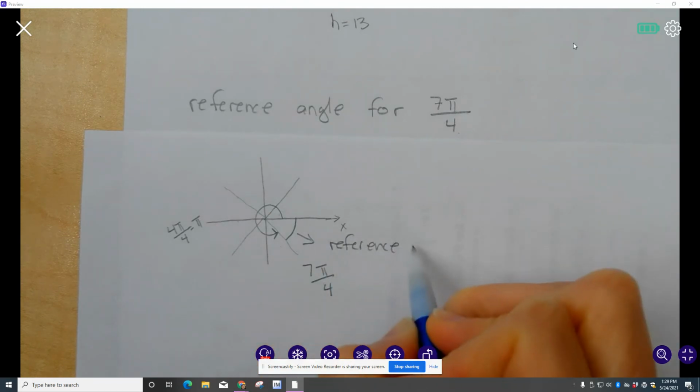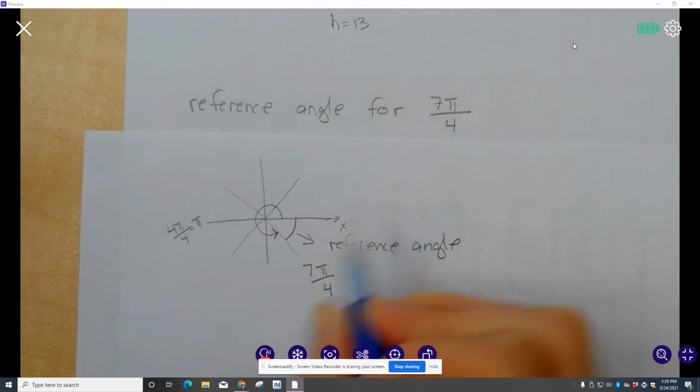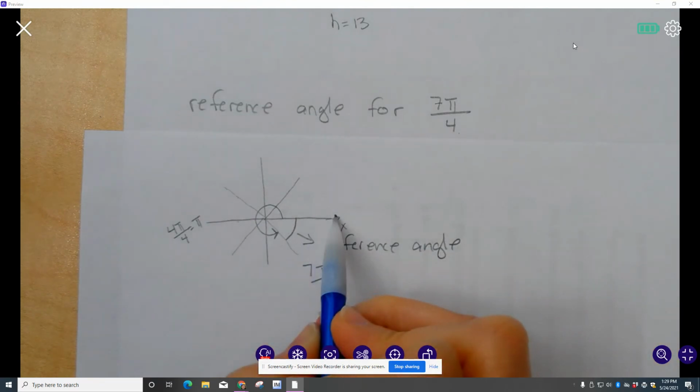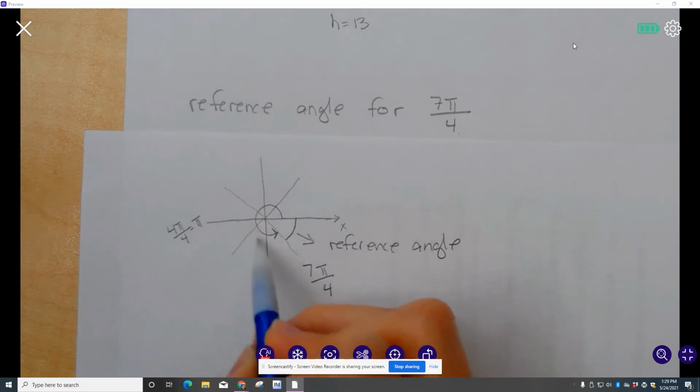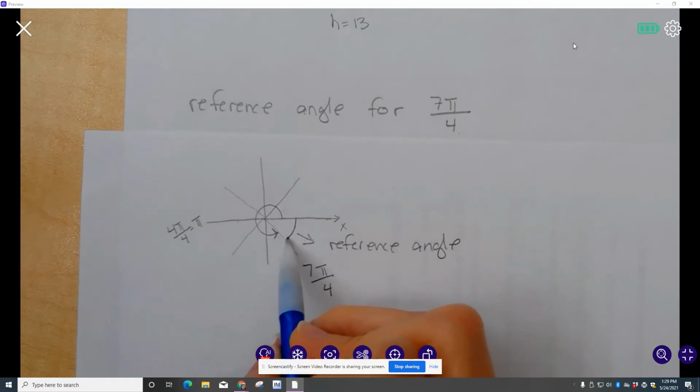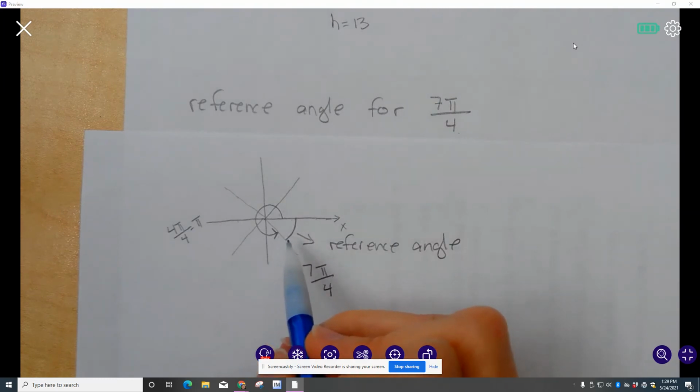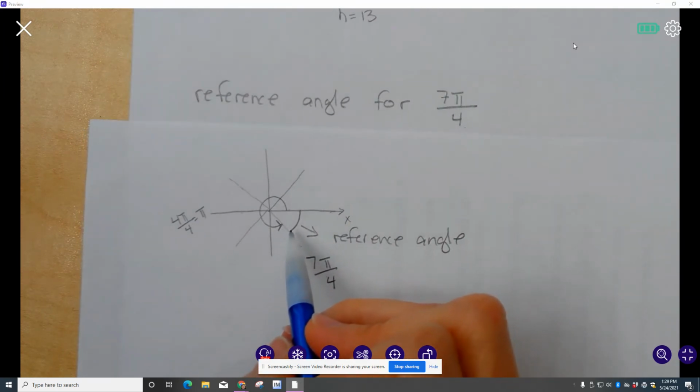Remember, the reference angle, as I said in the last problem, has to touch the x-axis. So it's kind of the leftovers. You went almost all the way around. The reference angle would be, what's this distance if you keep going? You might look at this and think it would be pi over 4, which is fine.